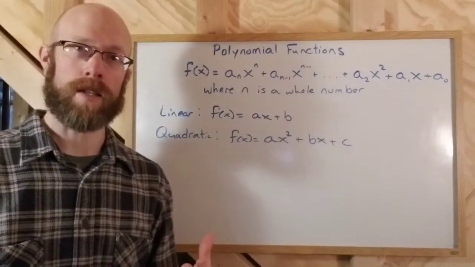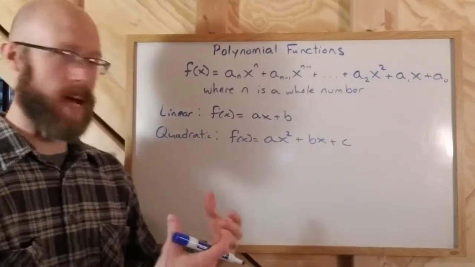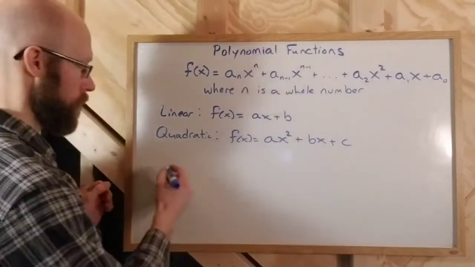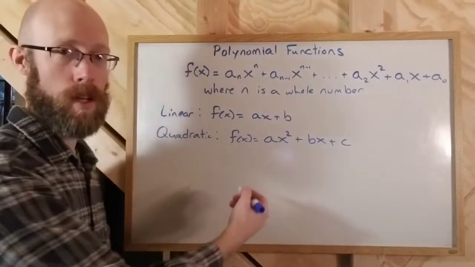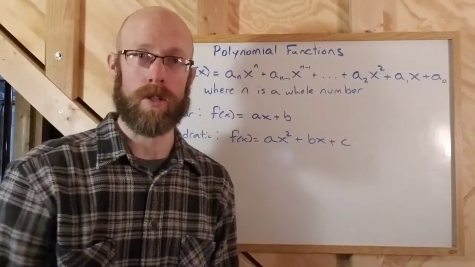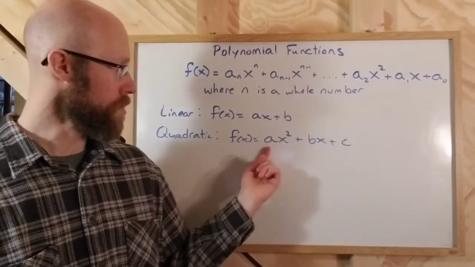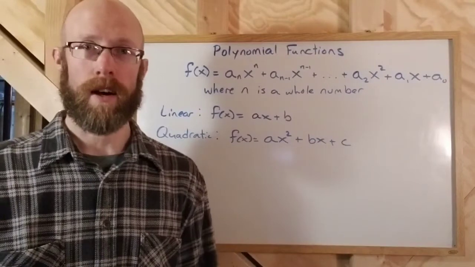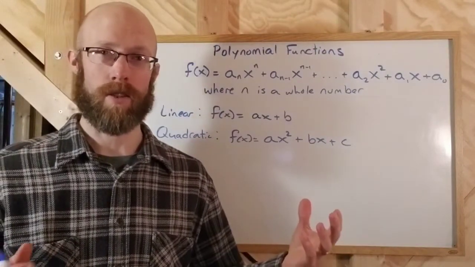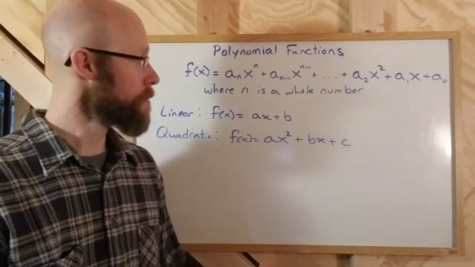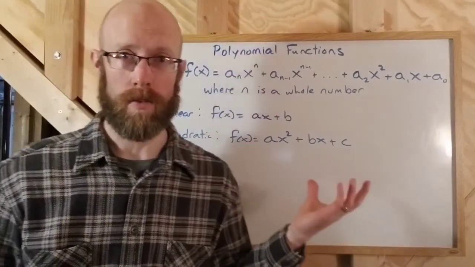Well, it could be the case that eventually, if we were to add terms to this, make it a cubic or a quartic polynomial, a cubic would just add a third degree, quartic would add a fourth degree, and so on. Eventually you get so many terms, you run out of letters to use, like A, B, C, right? If you get past 26 terms, or a 27 degree polynomial, we're going to run out of letters to use.